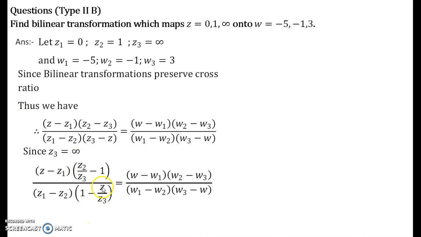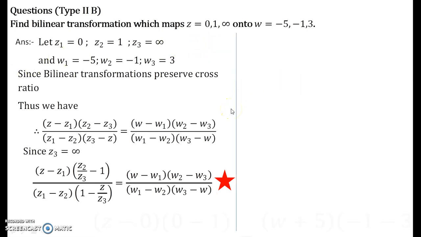So z upon z3 will turn to 0, and z2 upon z3 will also turn to 0. Now further, this is the important step. You can mark it. I'm marking it over here, I'm even highlighting it.